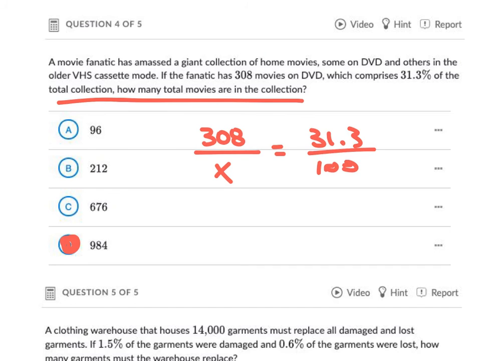Is there another way that you guys did this? Yeah, but I don't know if it's valid or not. Well, it's okay. Let's let Bremer go first, and then we'll see what you did. I did the same thing as you did, but I do want to point out that on this question, just looking at the answers, there's only really one that makes much sense, because 2 of them are smaller than the 31%.